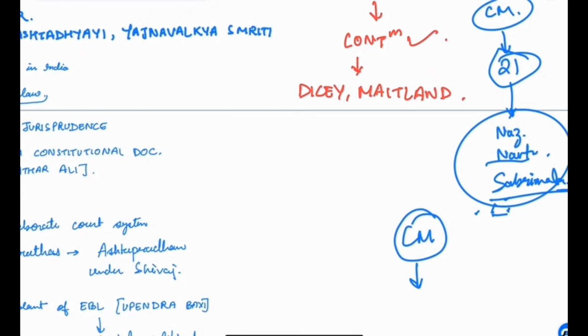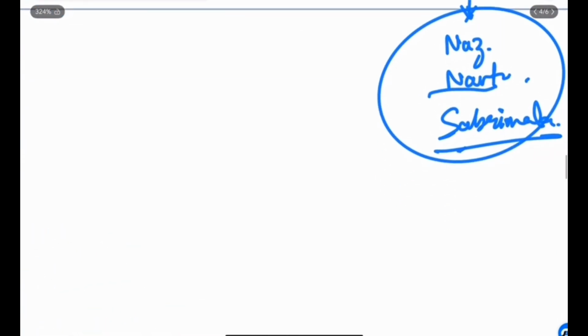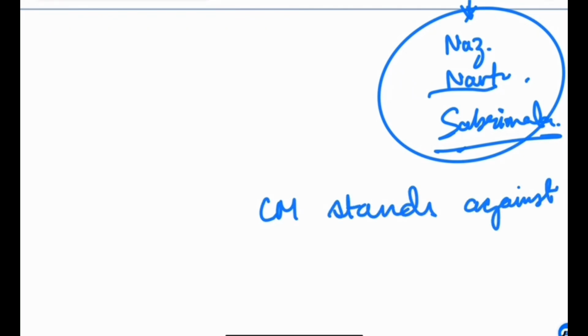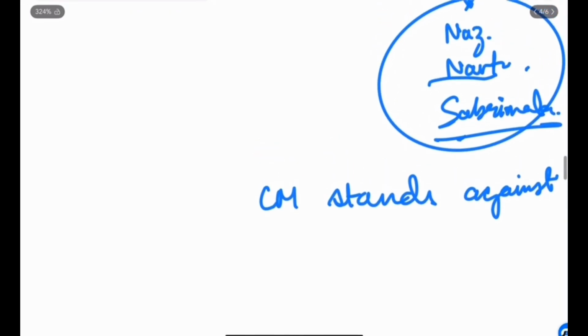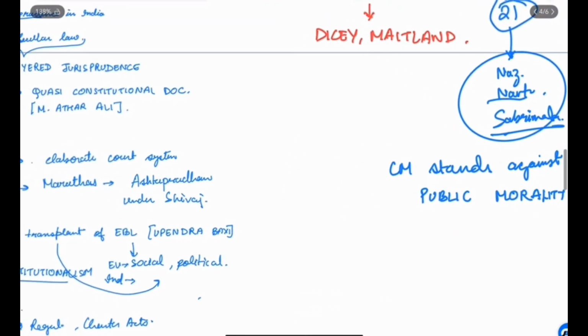So what judges were doing here was making constitutional morality stand against public morality, which might not be very inclusive at times, which might be very biased, very bigoted at times. So that's why constitutional morality is necessary.